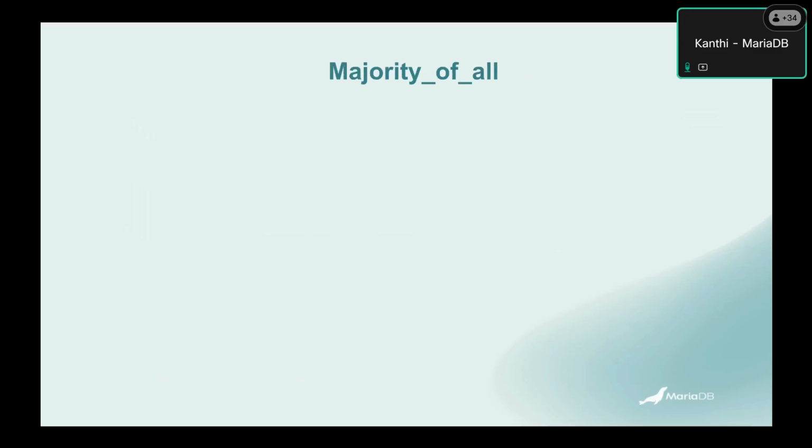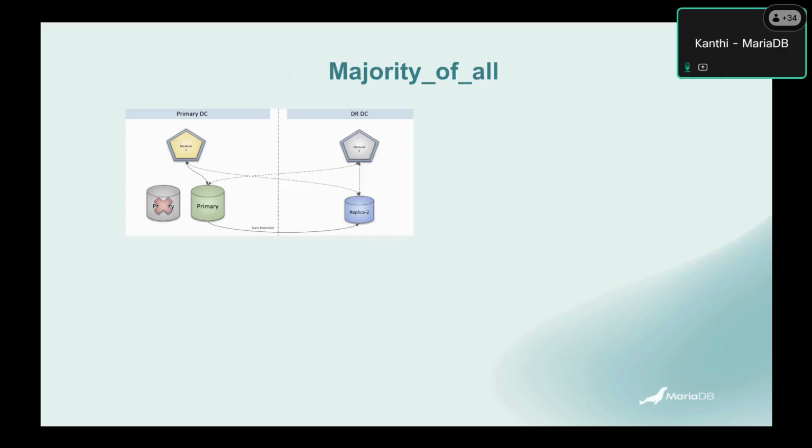So that means irrespective of whether it is running or it is down, you go ahead and calculate, right? So in this first scenario, the same scenario in which your primary goes down, here it is majority of all, right? So irrespective of whether it is down or up. So here it is 3 divided by 2 plus 1, which is 2.